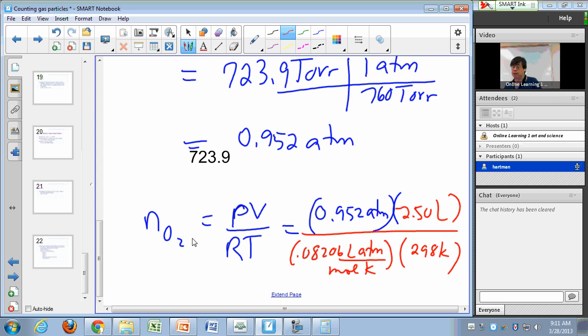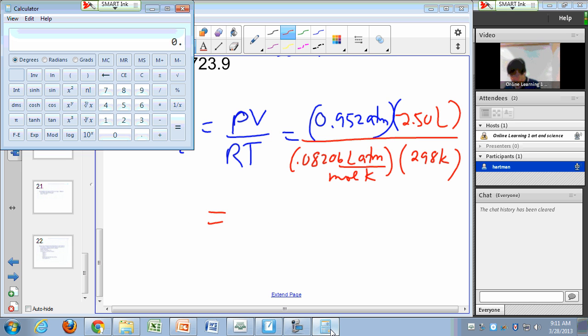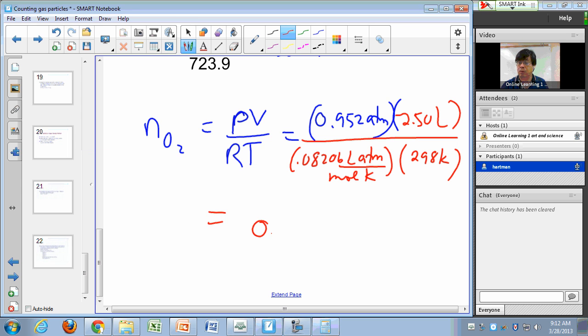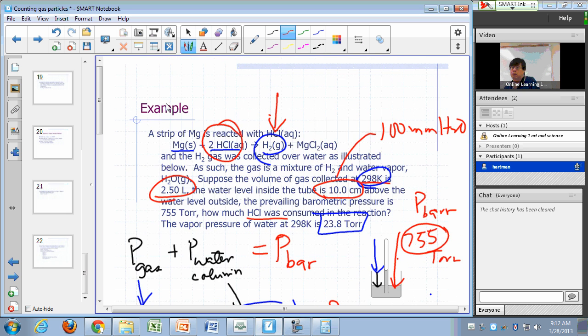So if we do that calculation, 0.952 times 2.5 divided by 0.08206 divided by 298, that gives me 0.0973 moles of H2. So if I know my moles of H2, I can go back and figure out what I am looking for.